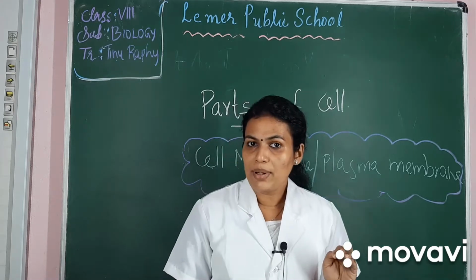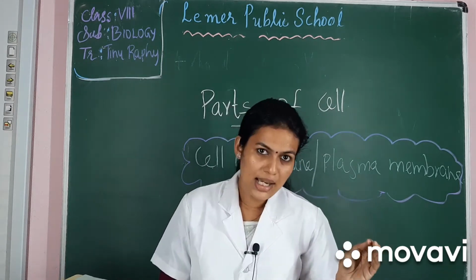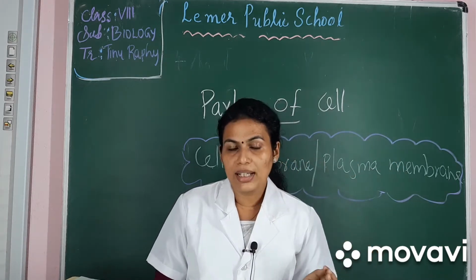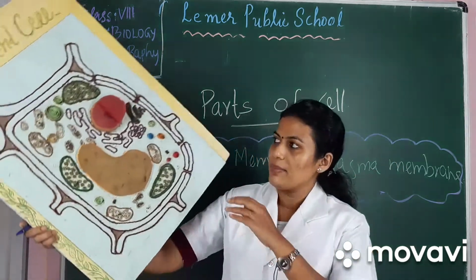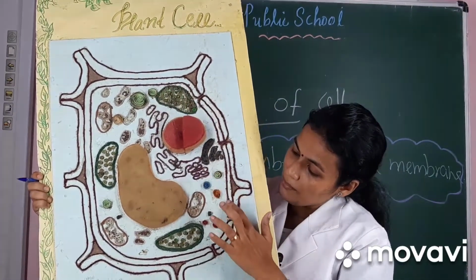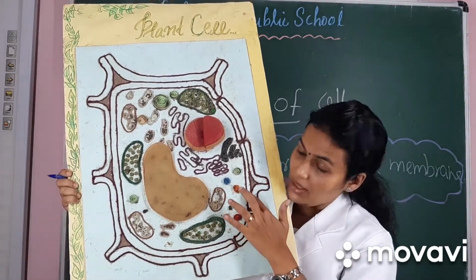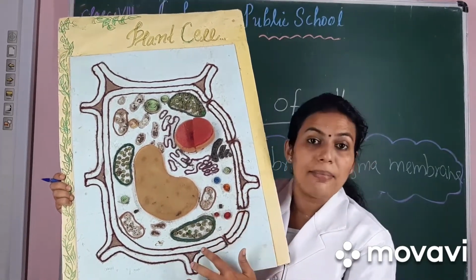So plasma membrane is seen outside the cytoplasm, covering and protecting the cytoplasm and cell content. In this plant cell, the innermost layer represented by a maroon thread is plasma membrane.